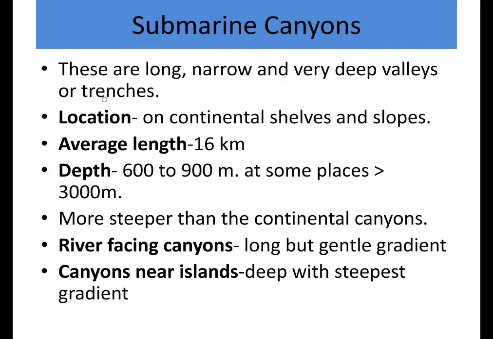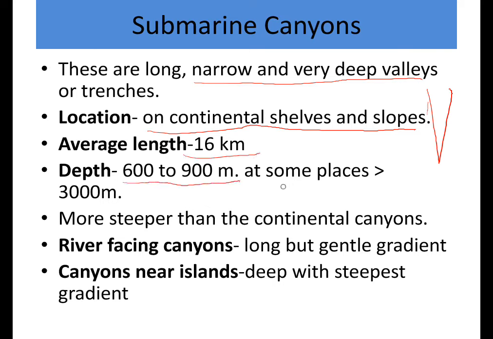Submarine canyons are long, narrow and very steep valleys or trenches, with steep slopes. Location: they are located on the continental shelves and continental slopes. The average length would be around 16 kilometers, and the depth could be 600 to 900 meters. At some places the depth is more than 3000 meters.